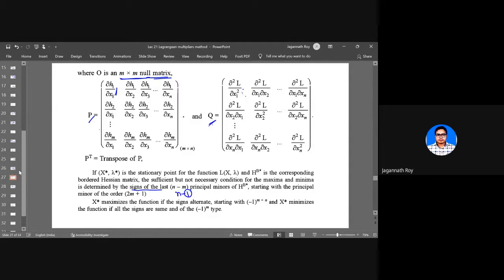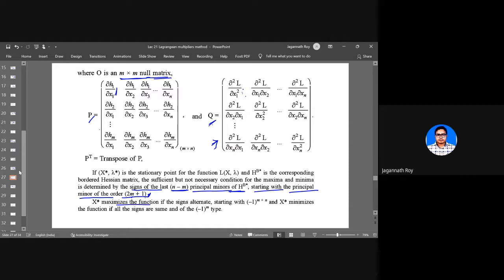So now we have to verify n minus m principal minors of the bordered Hessian matrix, starting from the principal minor of order 2m plus 1, where m is the number of equations.